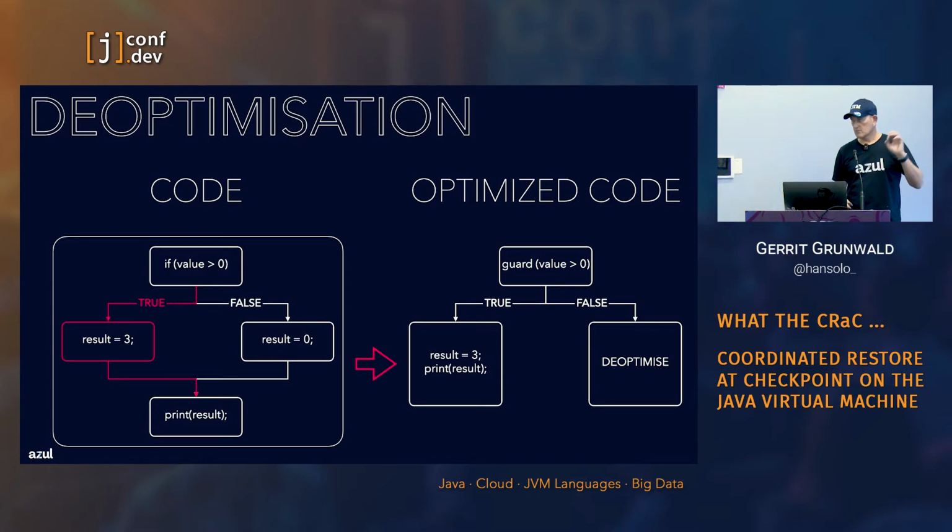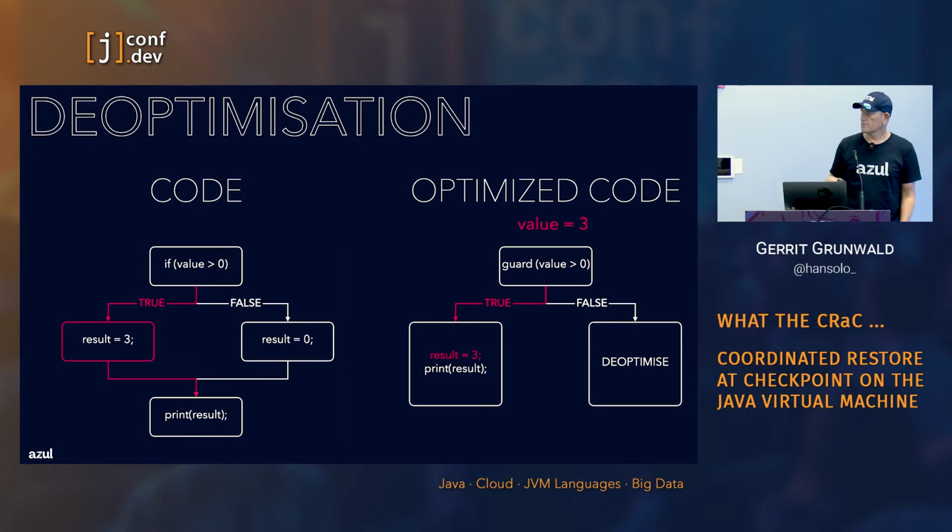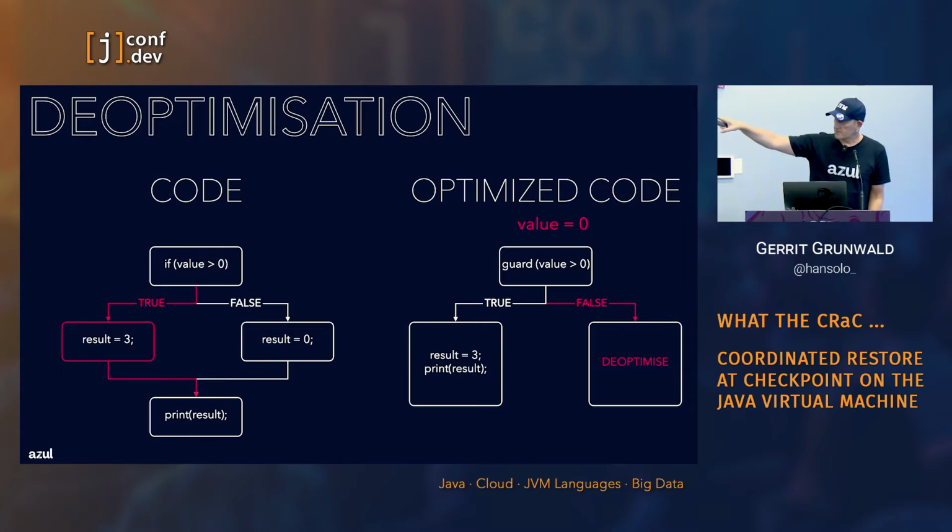And once, in this case for example, the value equals or is smaller than 0, so this is the default. But if the other case is true, like it equals 0, then it has to take the already optimized code, just throw it over the wall, and again do the interpretation, the C1 and the C2 for the whole block, because now suddenly both options are possible. This is de-optimization.